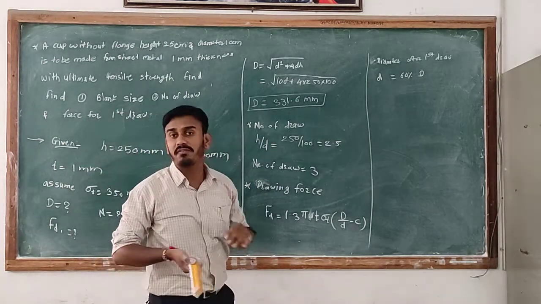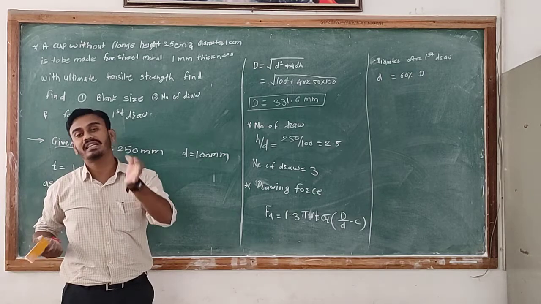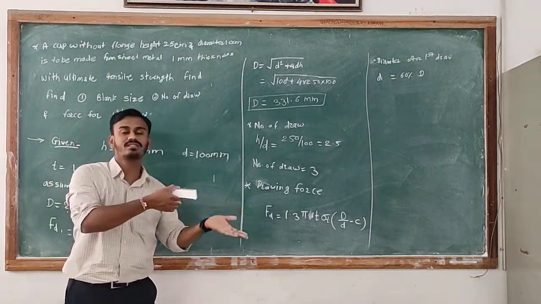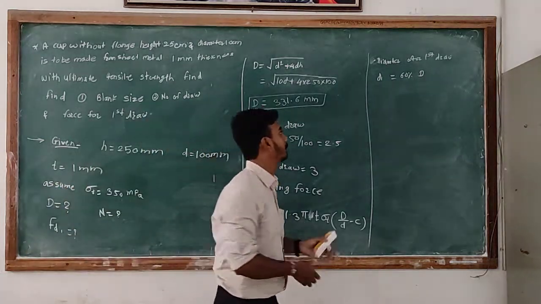Why 60%? Because the percentage reduction after the first draw is 40%, so when 100 is there, it reduces to 60. So 60% of D.